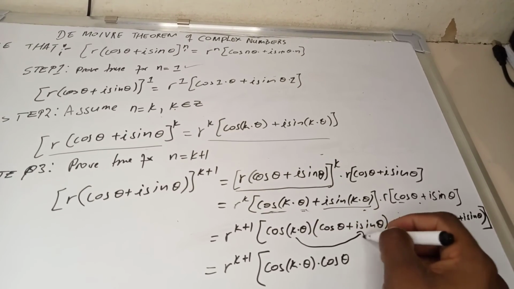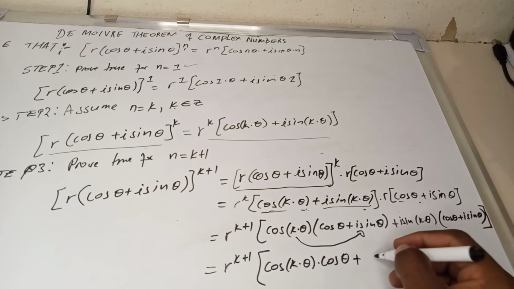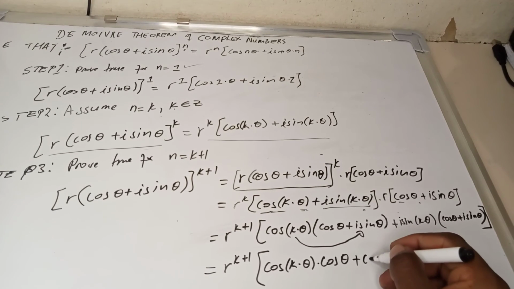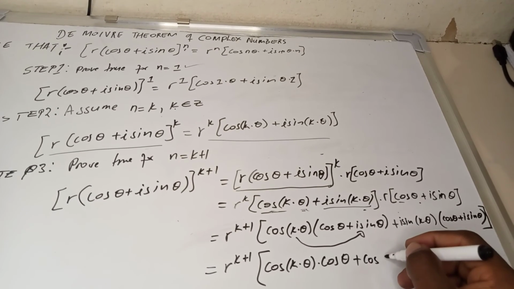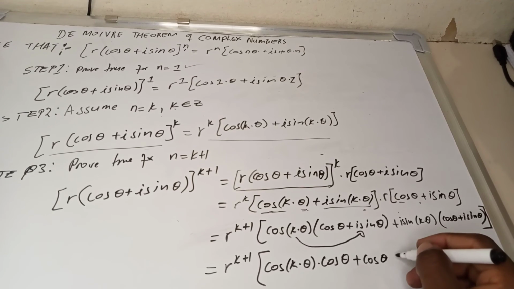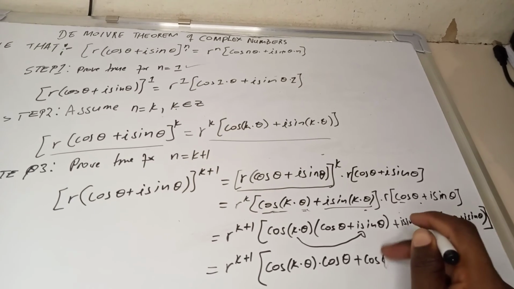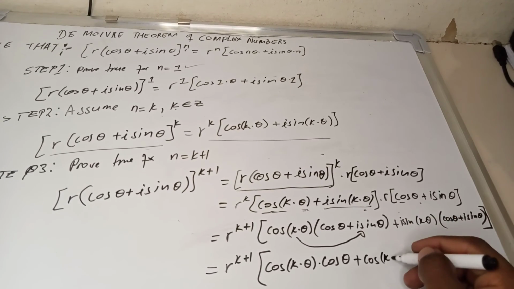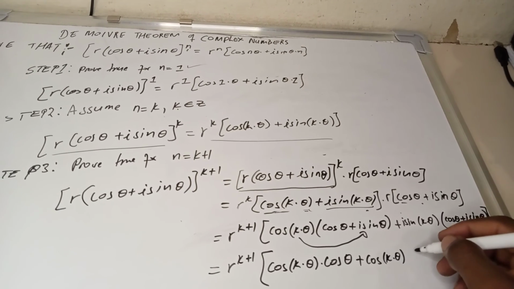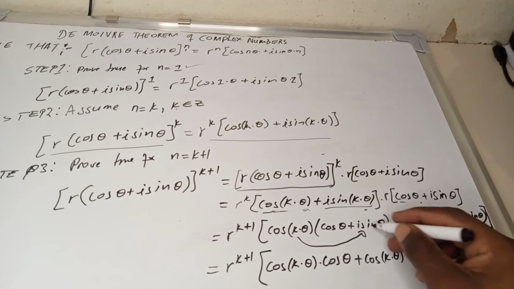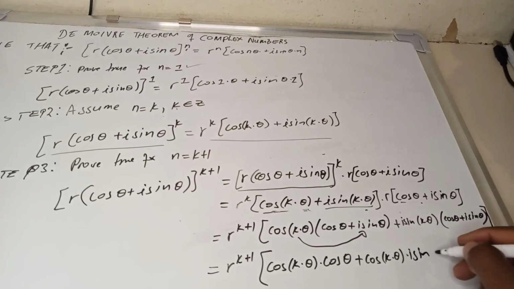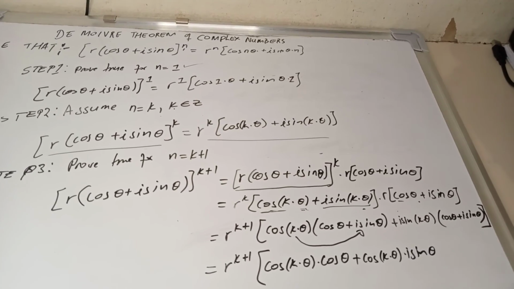Then this times that is going to be plus cos k times theta times this here, i sin theta.